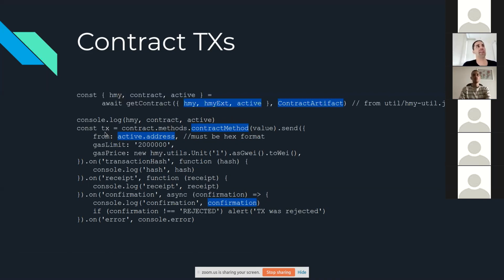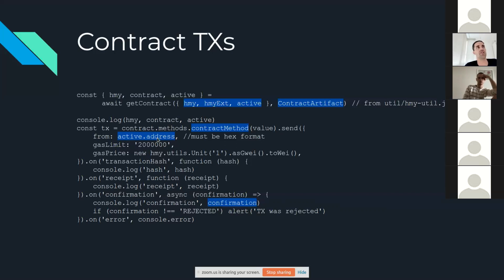Then we're going to set a transaction. This time we're going to call the contract method, or sorry, I'm just abstracting this. I'm just saying any contract method, it doesn't matter. You put in your arguments to the method, and then you call .send. So instead of .call, you're actually sending the transaction now, sending this to the blockchain.